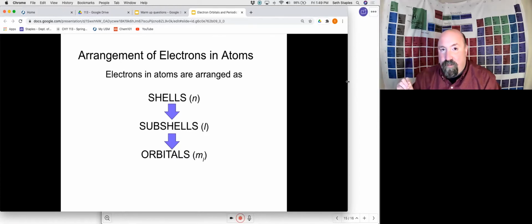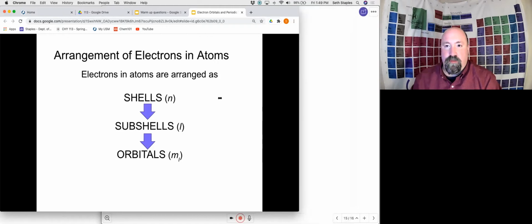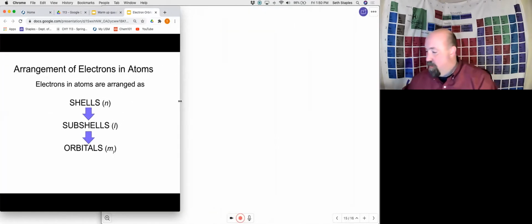From sublevels, we then get into orbitals. One orbital is a space where two electrons reside. Let's write that out and start breaking it down a little bit. Just like we just talked about, Bohr shell 1 only has the S sublevel.